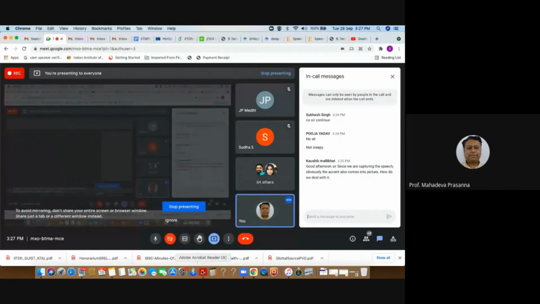Of course, suppose you have built the model on one accent and are trying to test on another accent, maybe that may be the question from Kaushik. In such scenarios, we may have to do some accent adaptation. But nowadays, during training of the models itself, you have multi-accent data for that particular biomarker, and then that issue will be taken care of.